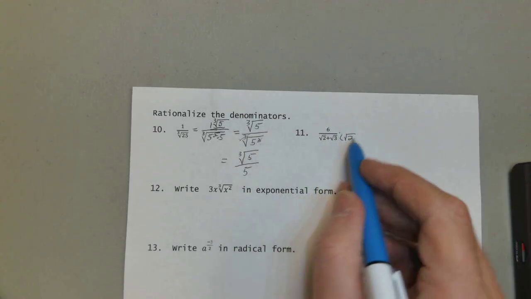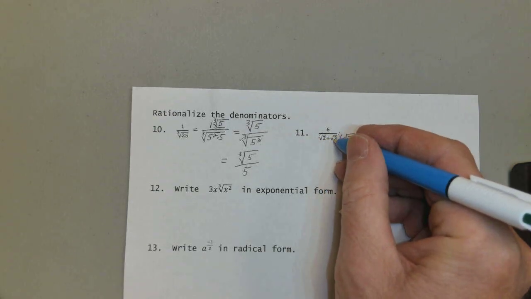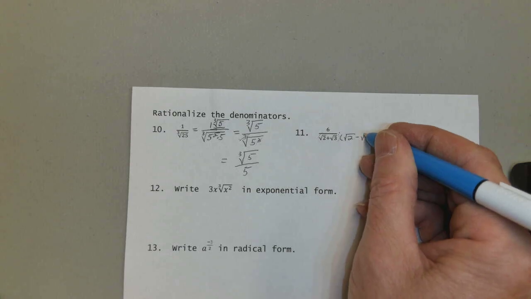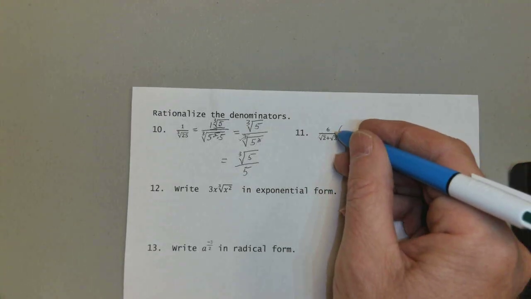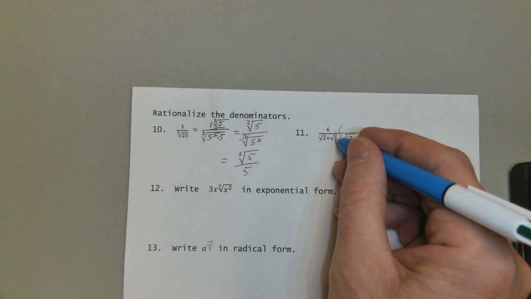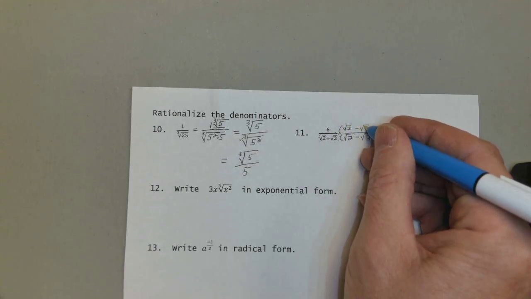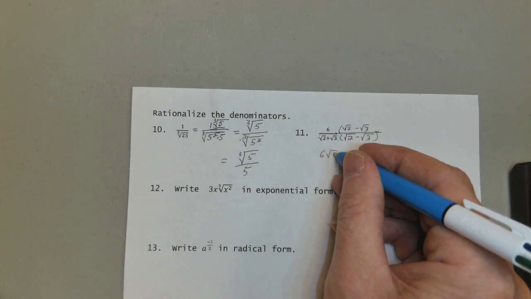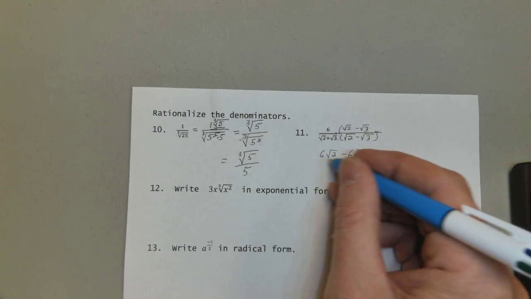Now, I've kind of started here. I'm going to take the square root of 2 plus the square root of 3, and I'm going to multiply it by the square root of 2 minus the square root of 3, the conjugate. In this one, when we have two terms like this, and what do we have? We have 6 radical 2 minus 6 radical 3 on the top.